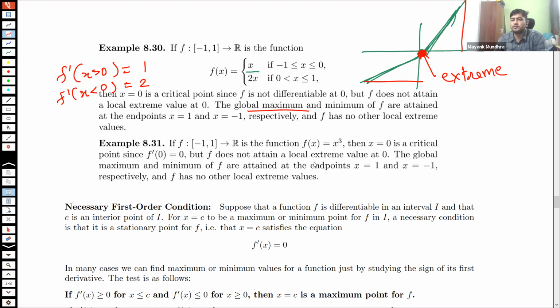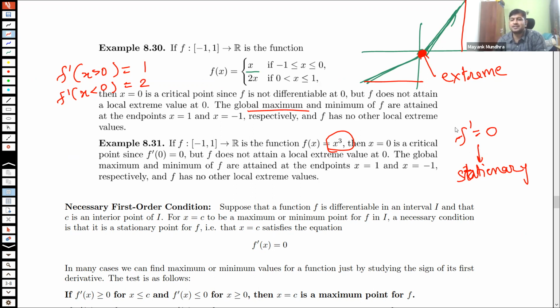Next, look at the function x cube. So this brings us to the thing I was talking about earlier. So I think Kanishka told me that if f prime is equal to 0, then the function becomes stationary, that it is neither a maxima nor a minima, that the function becomes stationary, that it is neither increasing nor decreasing.